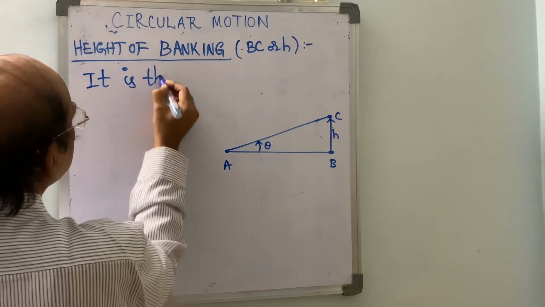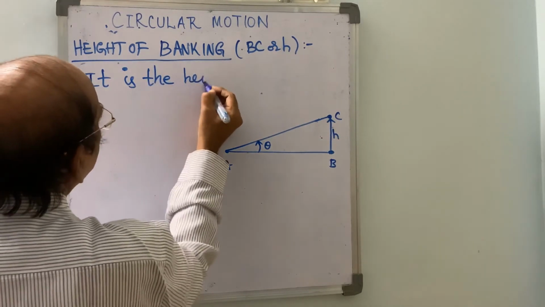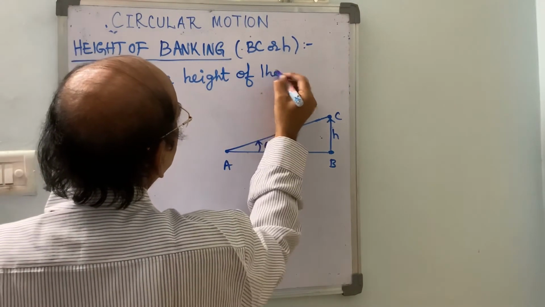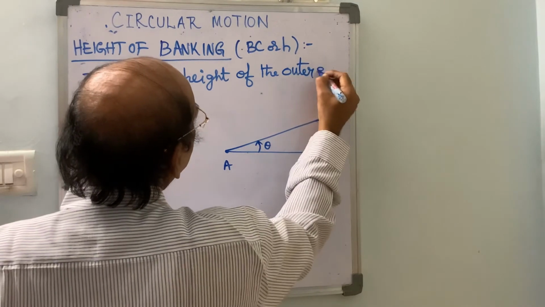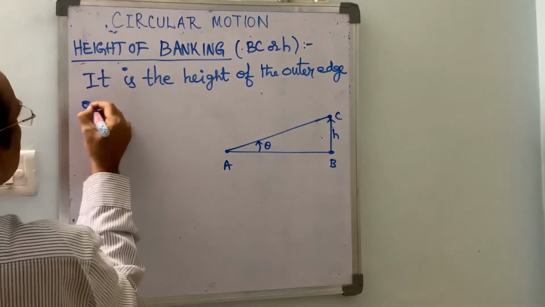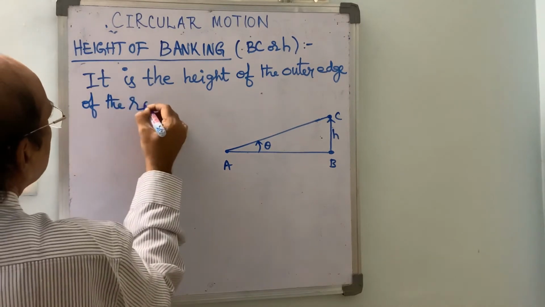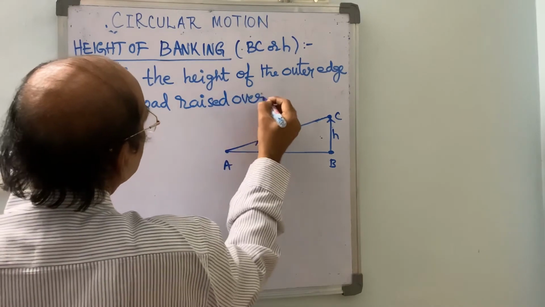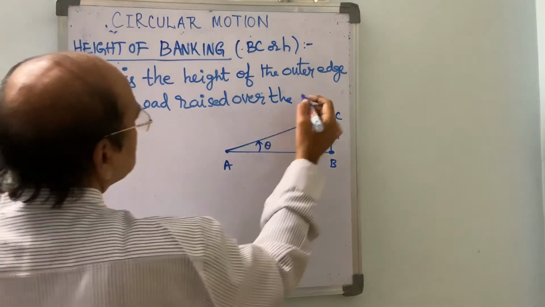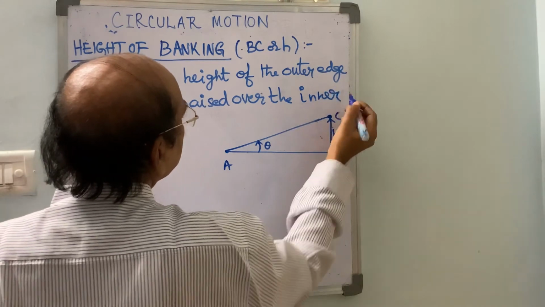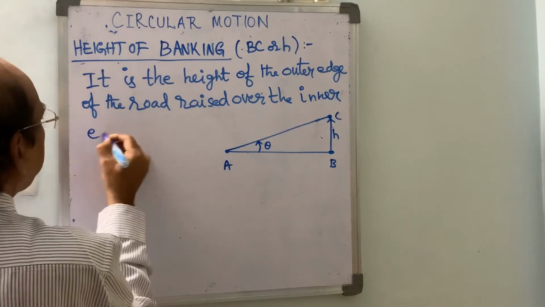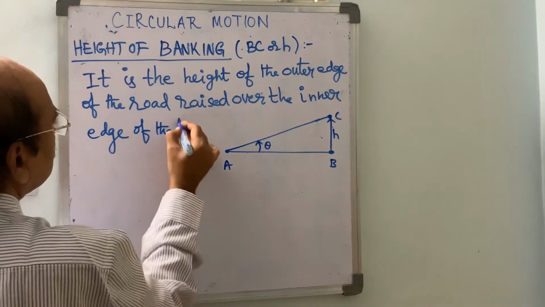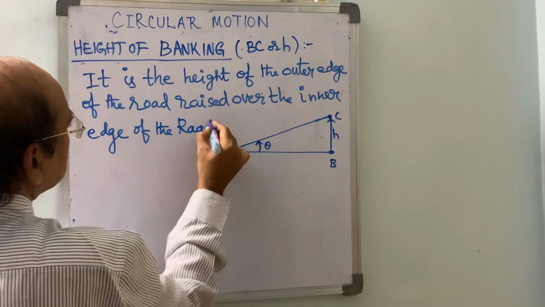So height of banking is the height of the outer edge of the road raised over the inner edge of the road, when compared to the horizontal direction.